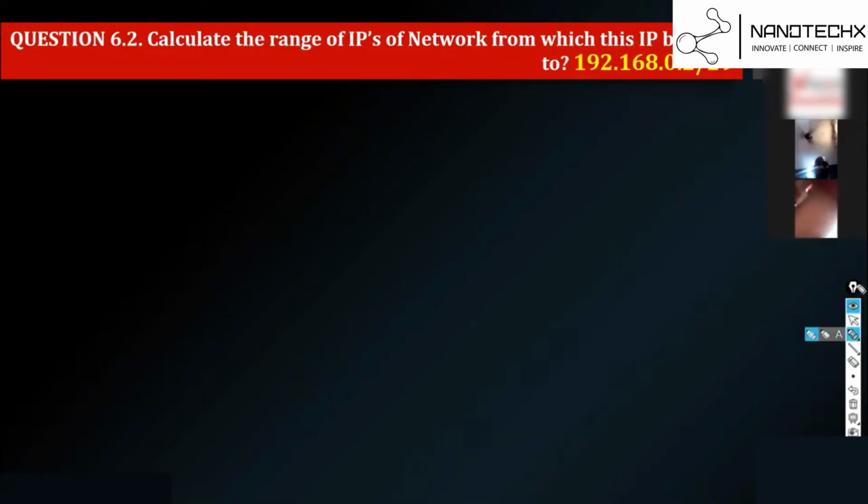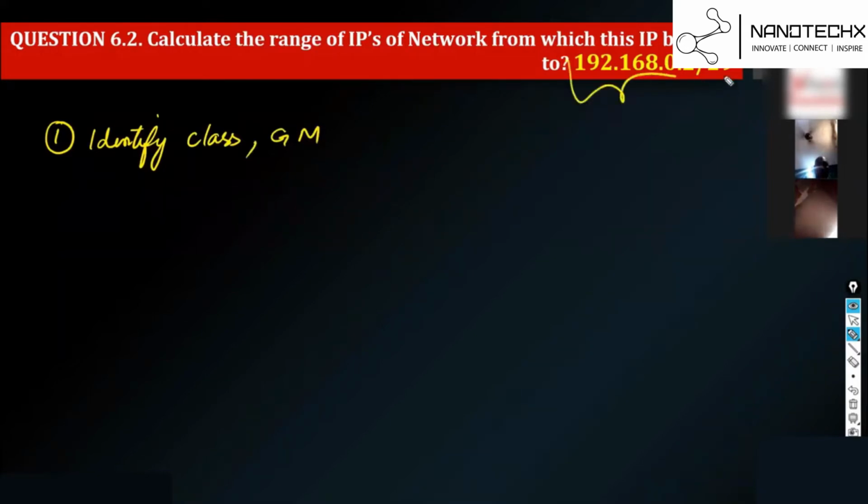Step number 1. First, we have to identify the class and given mask. So what is the class of this IP address, guys? From 192, you should be able to find.